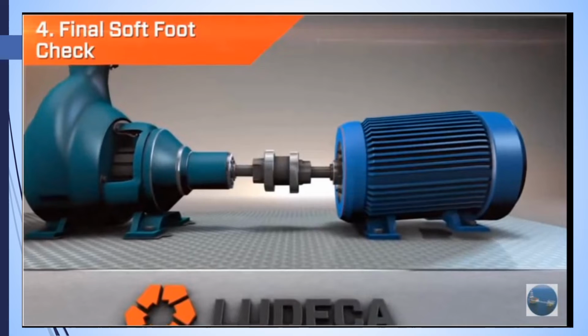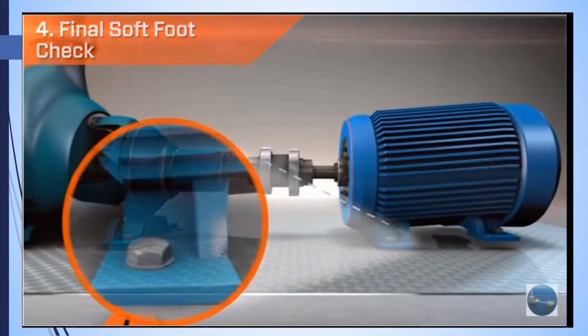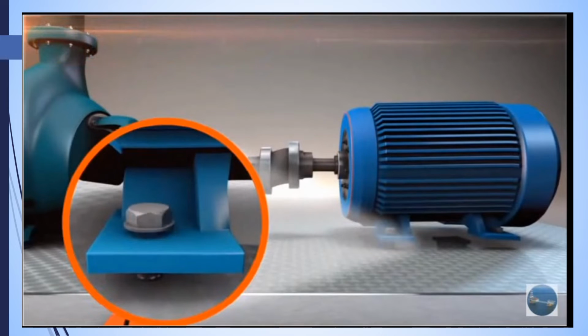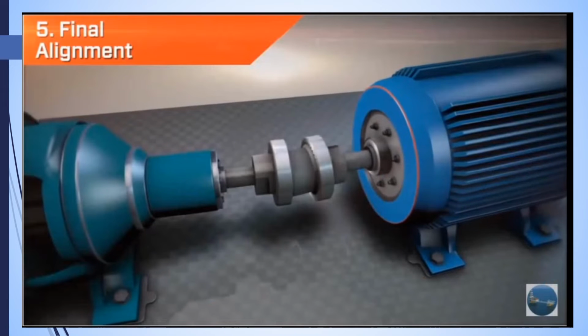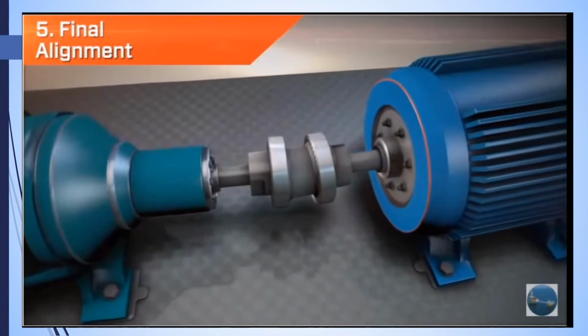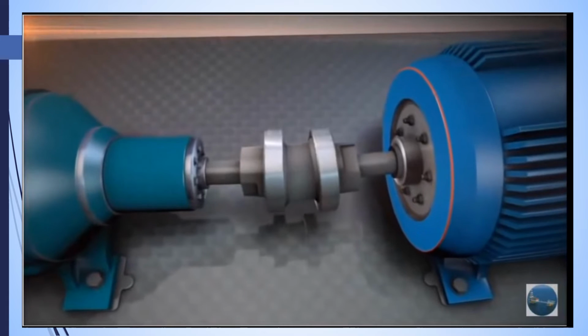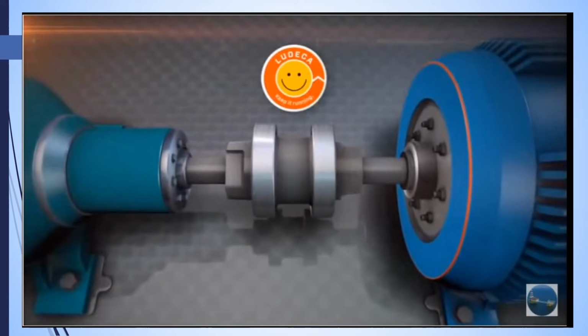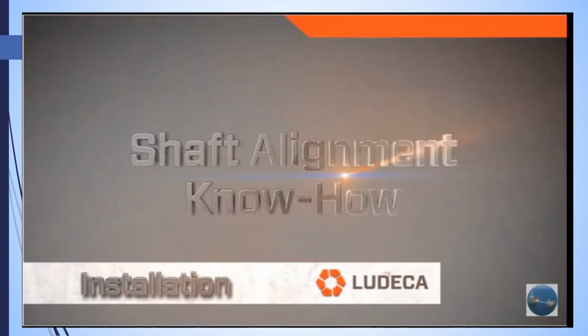In the fourth step, we diagnose and correct soft foot with the assistance of the laser system. Aim to have all soft foot readings within 0.02. Finally, in the fifth and last step, we measure the alignment, make corrections, achieve the final alignment to any required targets within tolerances.